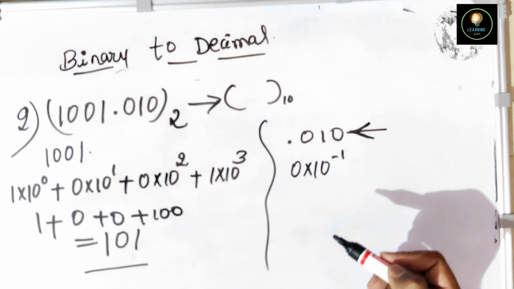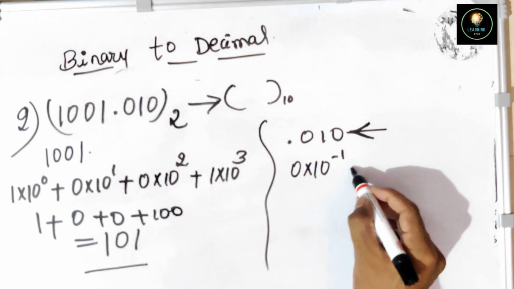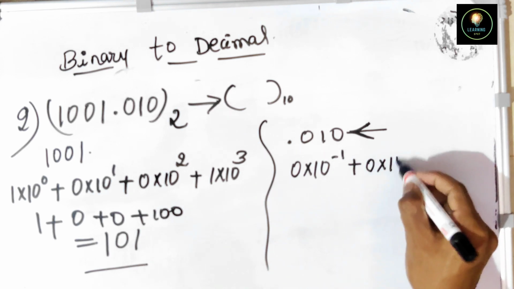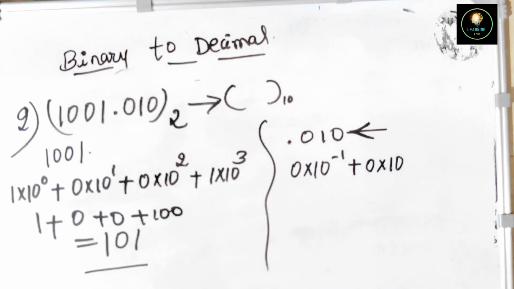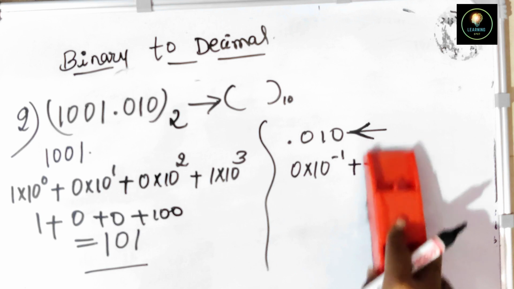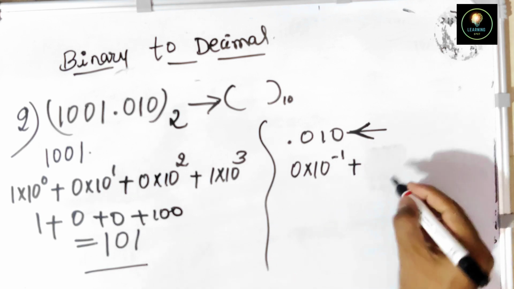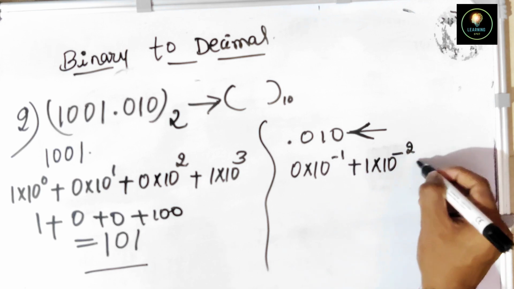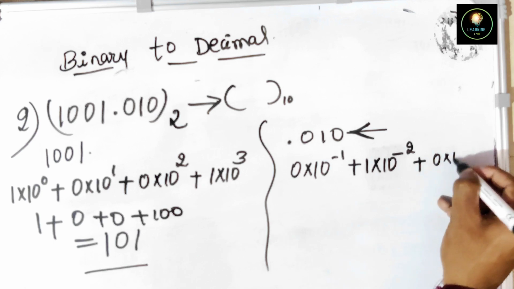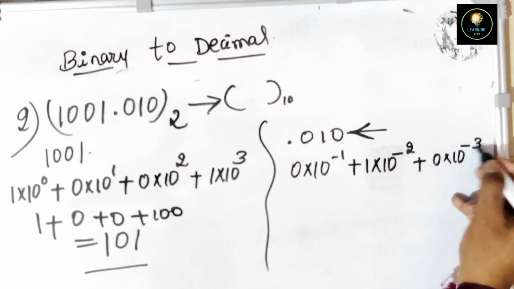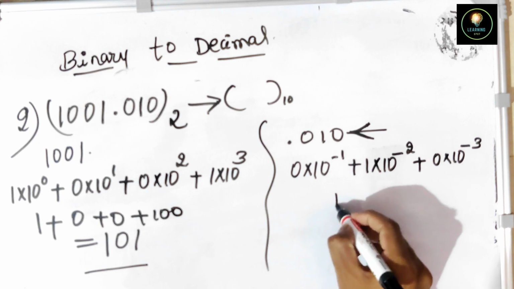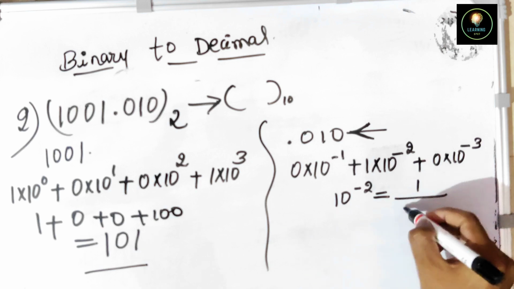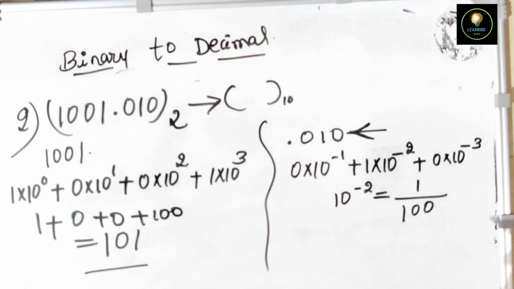The first value is 0 into 10 to the power of -1 plus, sorry, that is not 0, that is 1 into 10 to the power of -2 plus 0 into 10 to the power of -3. The value here is 10 to the power of -2, which is equal to 1 by 100.